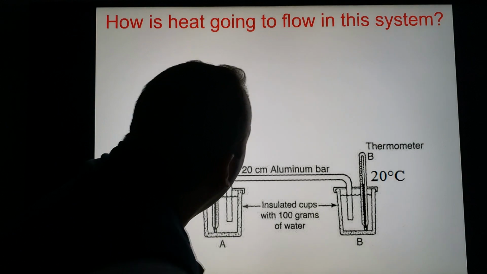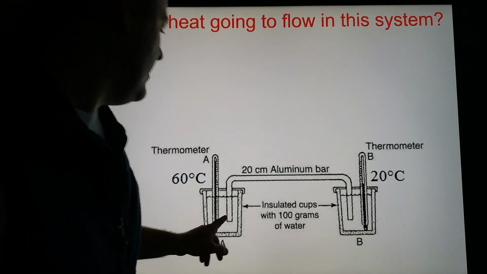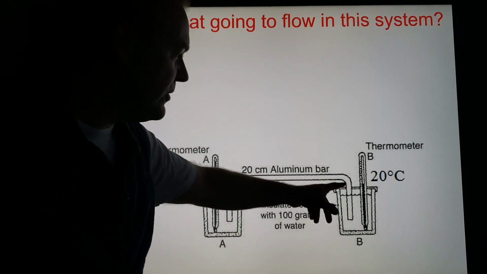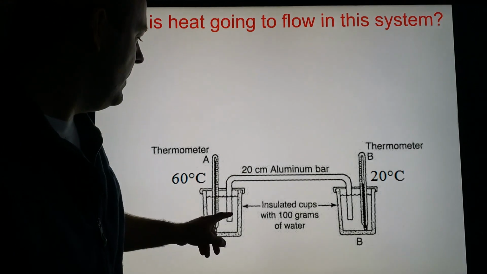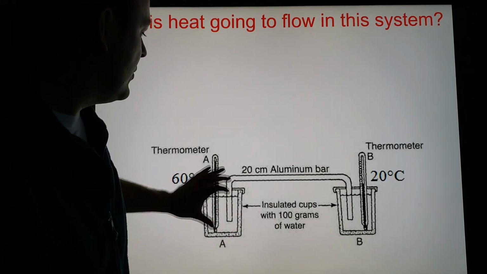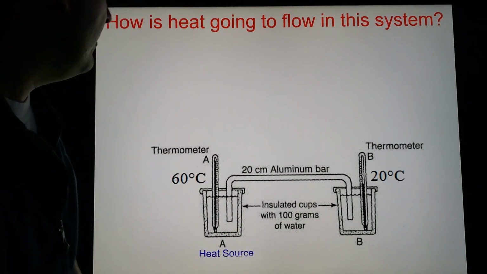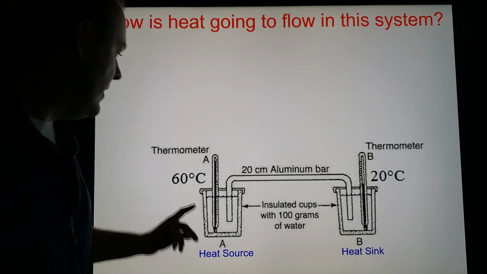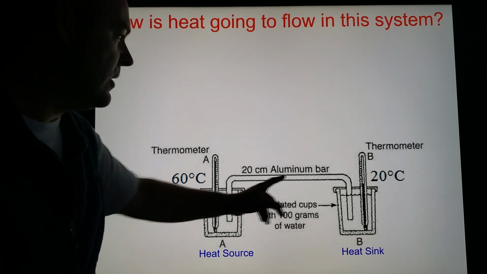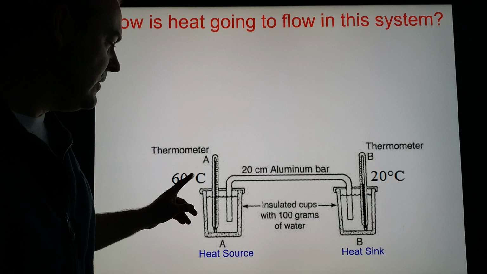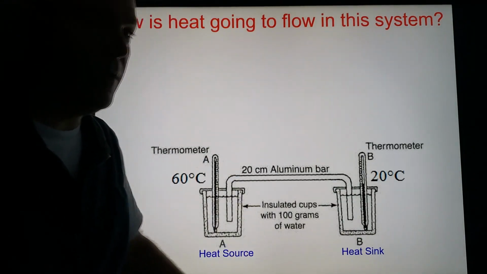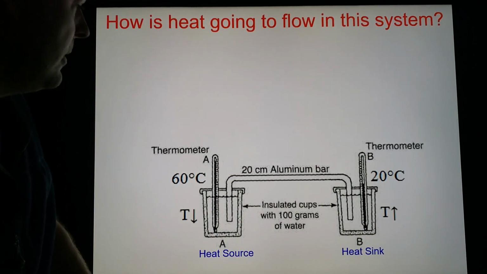Okay. This system here, you can see the bar that would transfer heat across by conduction. If some is lost to the air, that would of course be by convection. In this case, remember, heat goes from hot to cold, so it's going to flow from the 60 to the 20, from the source to the sink.